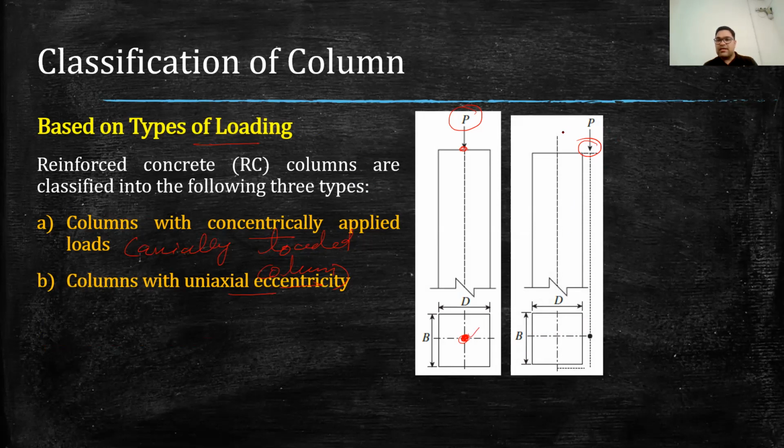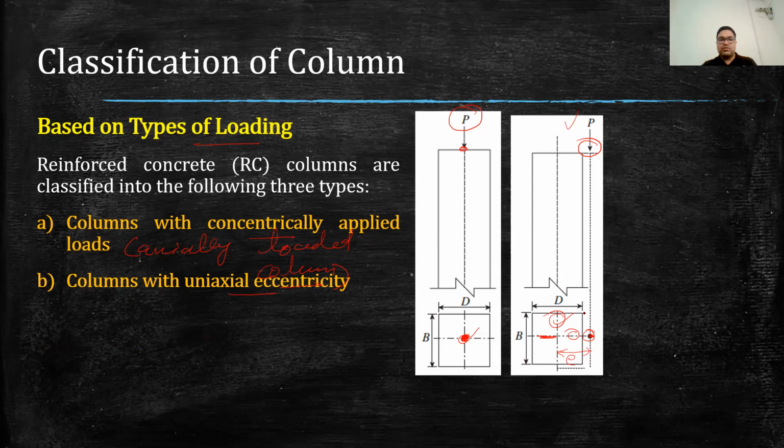But in the second case, with uniaxial eccentricity, the load is applied at a distance e from this axis, but along this axis, it is exactly at the axis. So it is eccentrically loaded along only one axis.